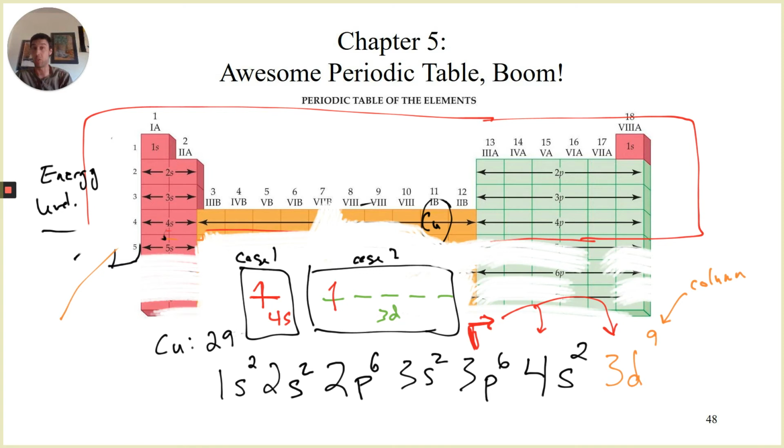Why is it prettier? 1 orbital with 1 electron in it. It's symmetric. Case 2, we have 5 orbitals with only 1 electron. That's not symmetric. You've got 4 orbitals that are unoccupied and only 1 that has 1 electron.